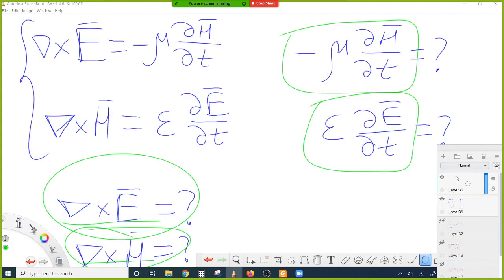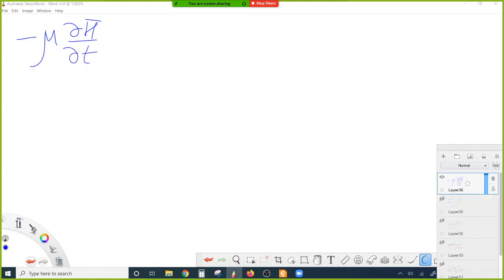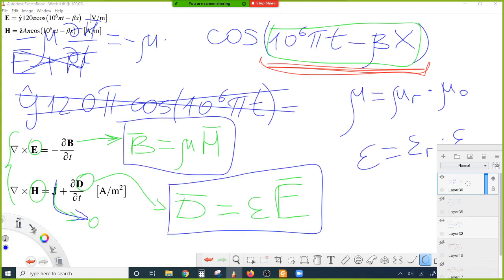First of all, let me compute these two. What we have is minus mu dH over dt. Minus mu is a constant multiplier.